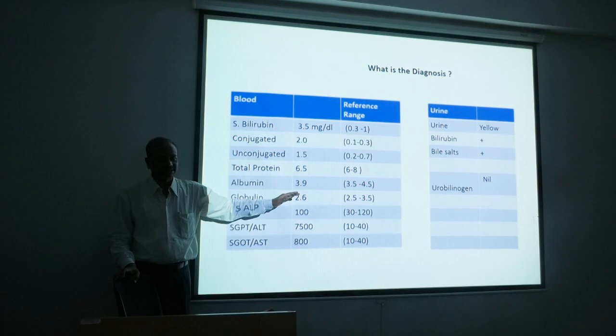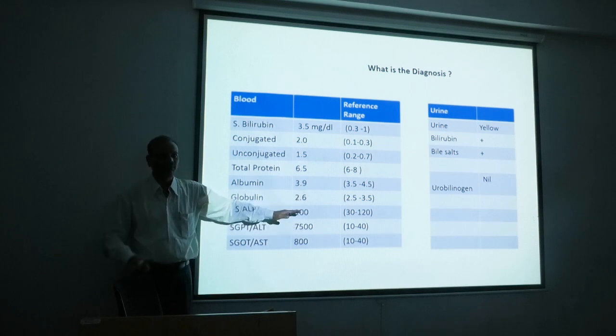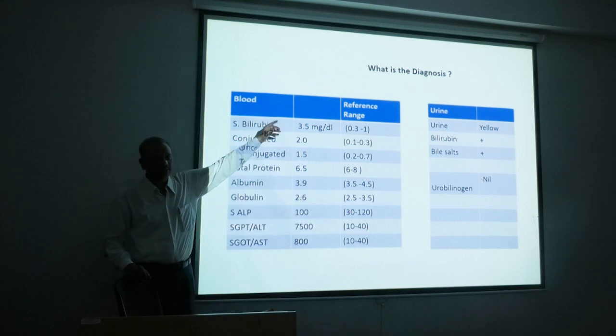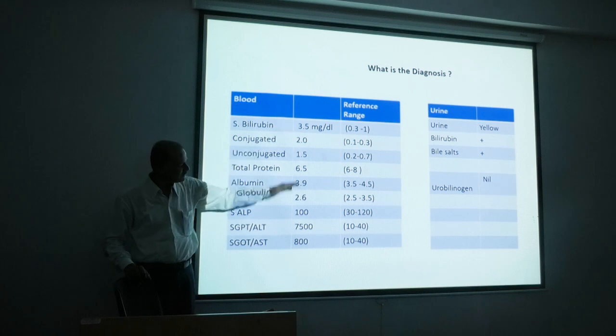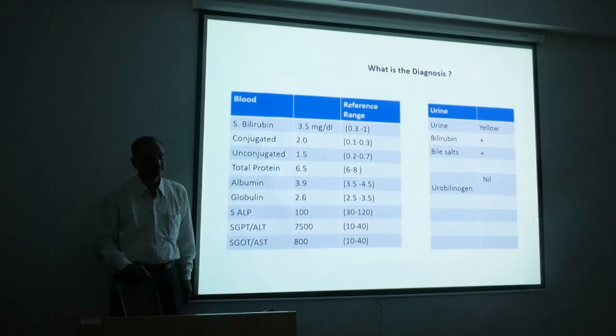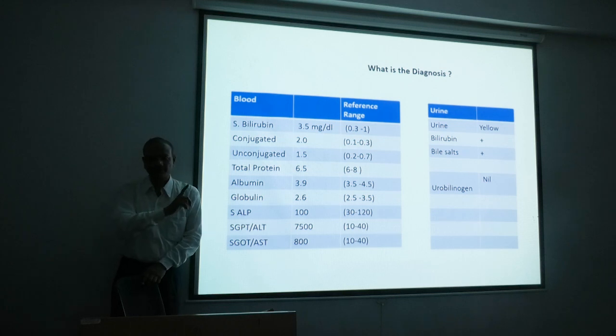As the disease progresses, this level will go up to a maximum, and the bilirubin level will also increase. But when the bilirubin level is stable, then ALT will start falling much faster, not in that proportion. Okay? So this is a clear example of hepatocellular jaundice.